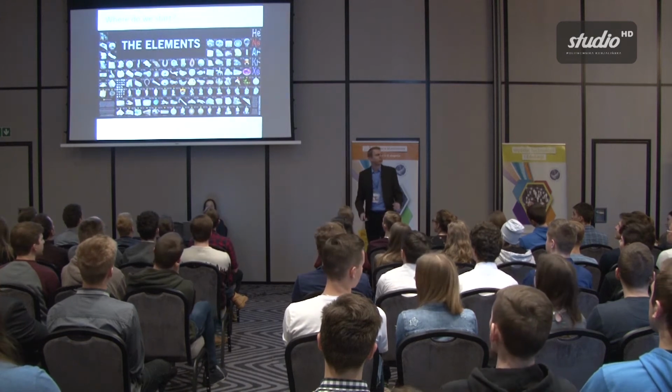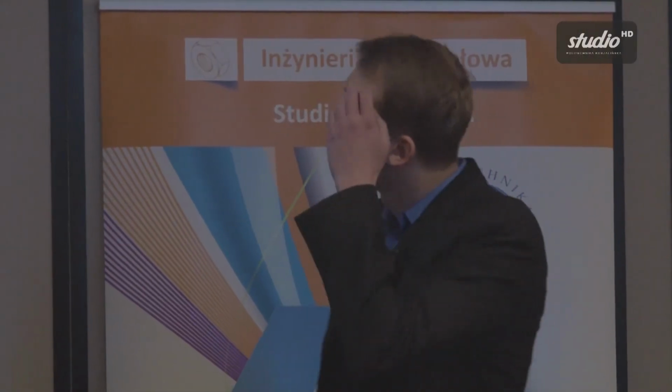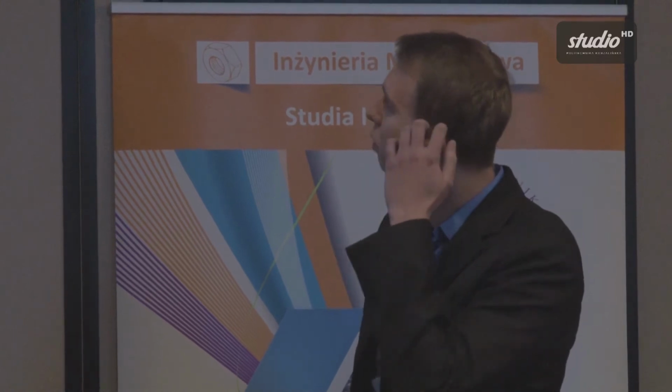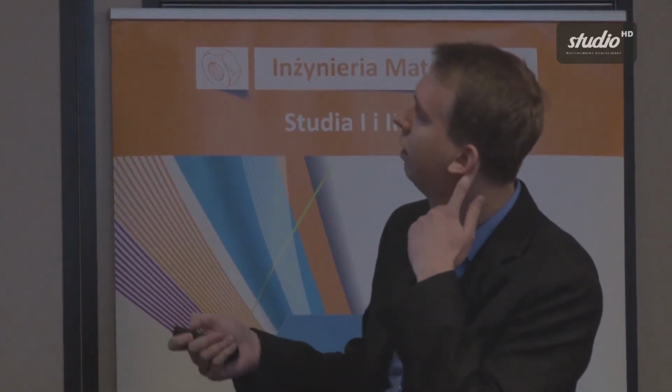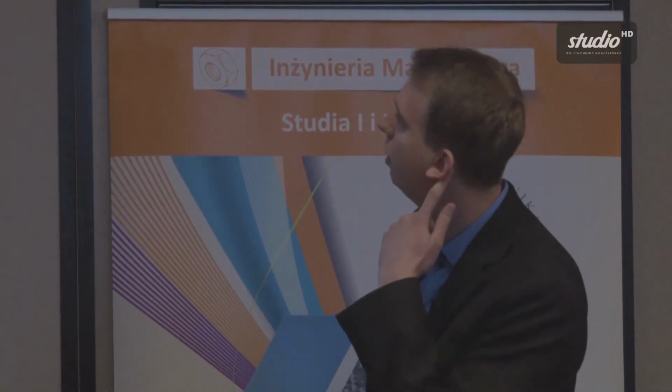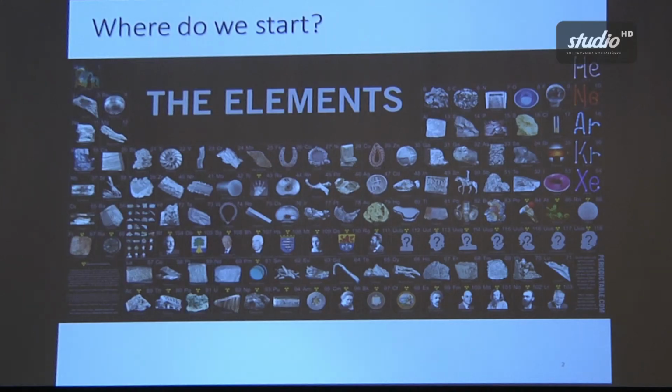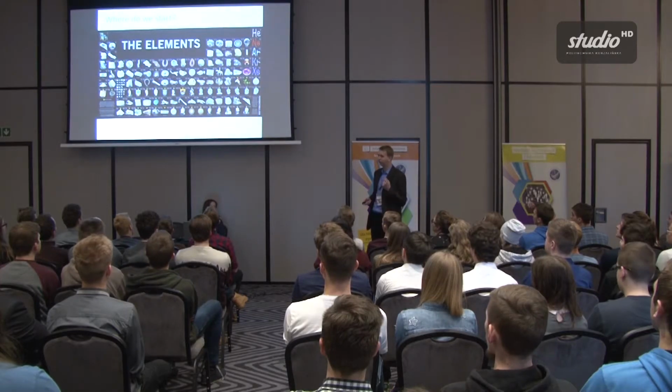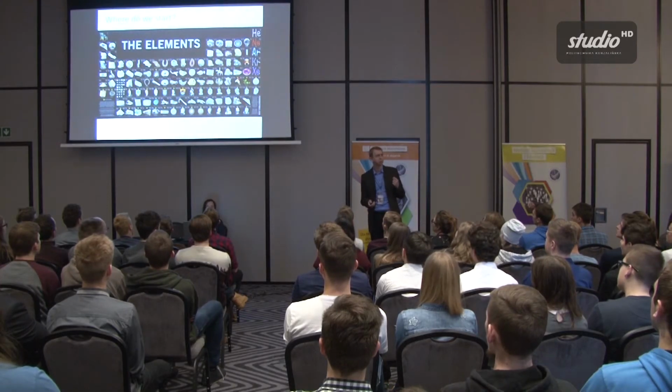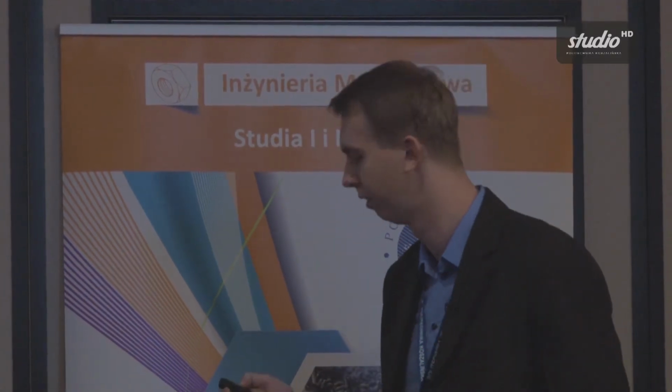So where should we start this talk? I was thinking a bit how to show. I guess everyone here knows the periodic table of the elements and how we should define the important ones in this topic. So I thought, okay, let's start maybe from our body, because I think it's the closest thing we can ever achieve.